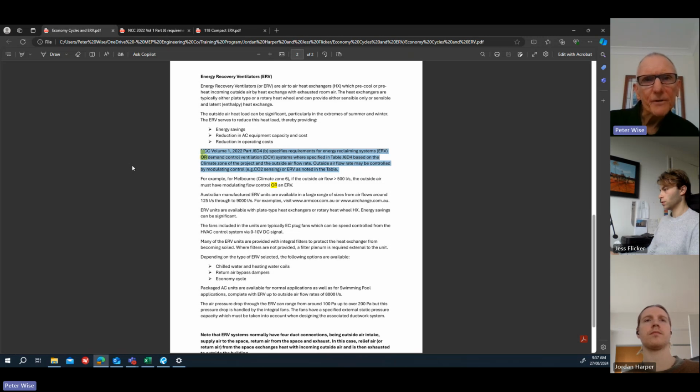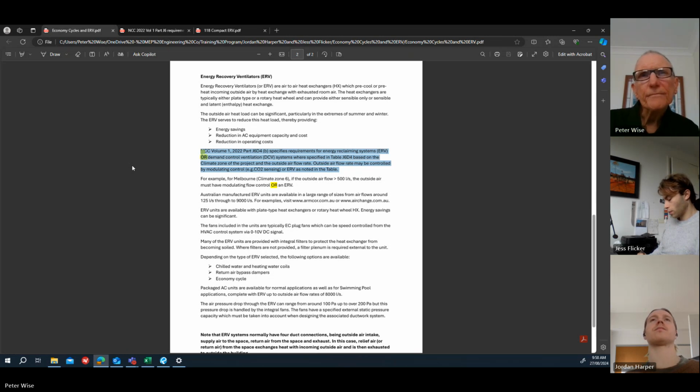So how that works, this is quite an historic thing, I would say. Ever since I started work, which was a long time ago, back in 1980, outside air has always been an issue as to how it affects the heat load. So we've always been looking for ways to mitigate that load. CO2 sensing is relatively new.